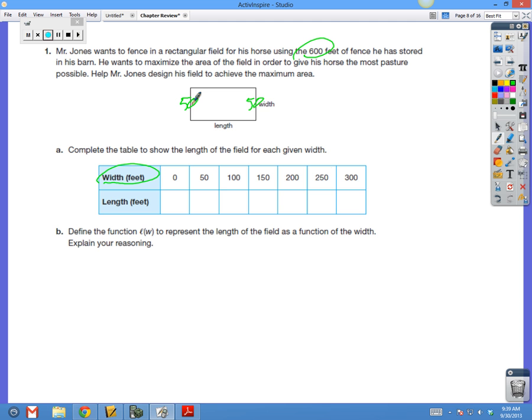So you have used a total of 100. If you have a 600 and you have used 100, you only have 500 left. But you need to divide that by 2, and that gives you 250 on top, 250 on top. So if you add 250, 250, 500 plus 50 plus 50, you have used a total of 600. So this has got to be 250.